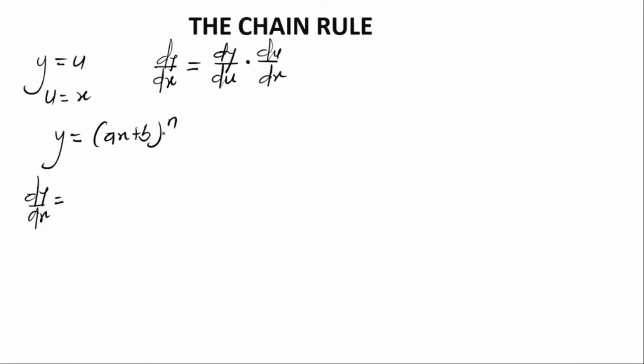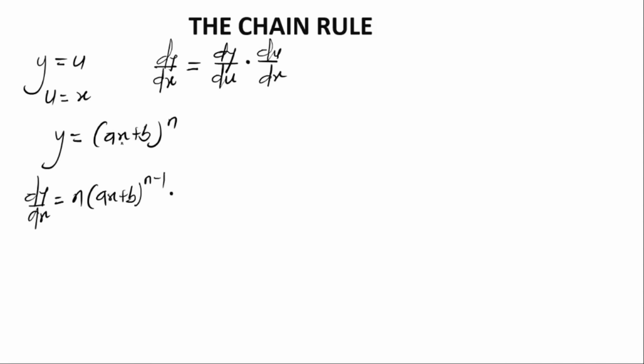By that I mean, first we use the n, which is the power, to multiply the whole function, and then we subtract 1 from the power, so it becomes n multiplied by ax plus b, raised to n minus 1. That is the differentiation of the entire function.